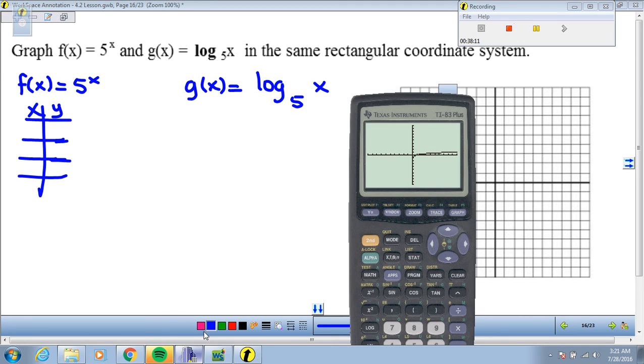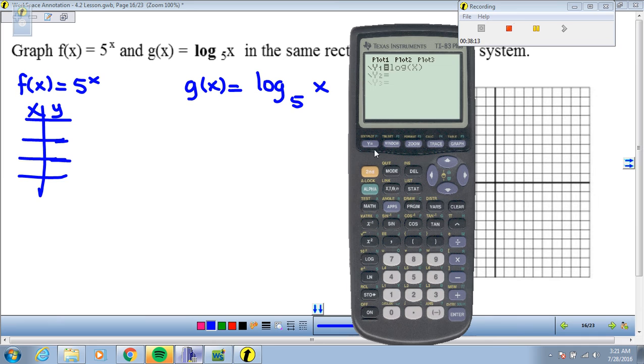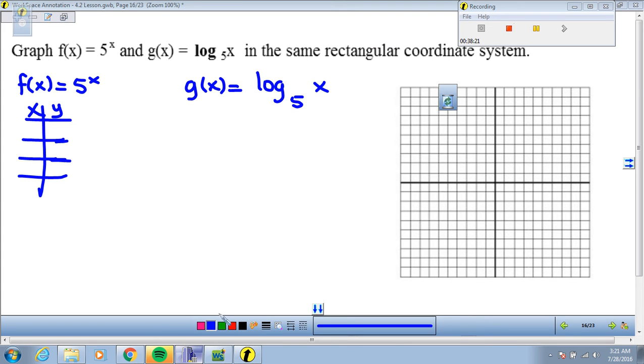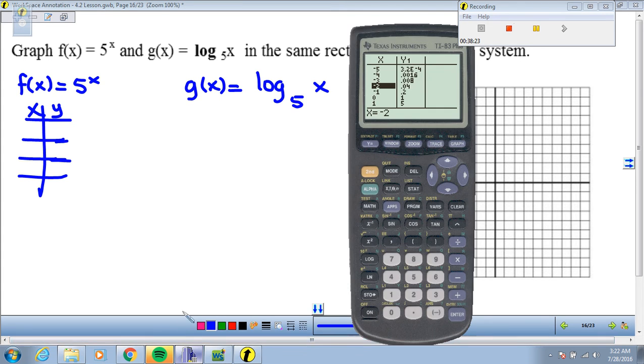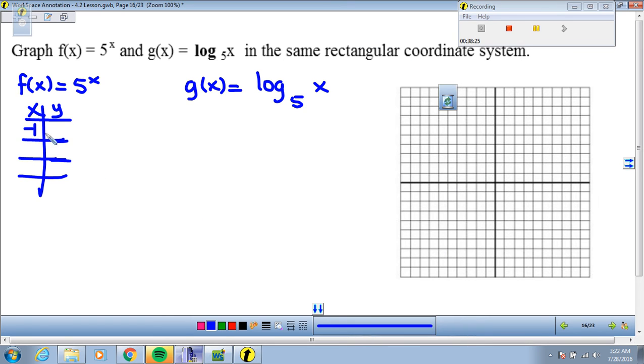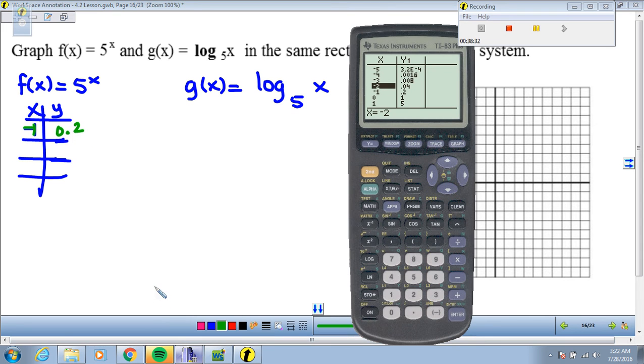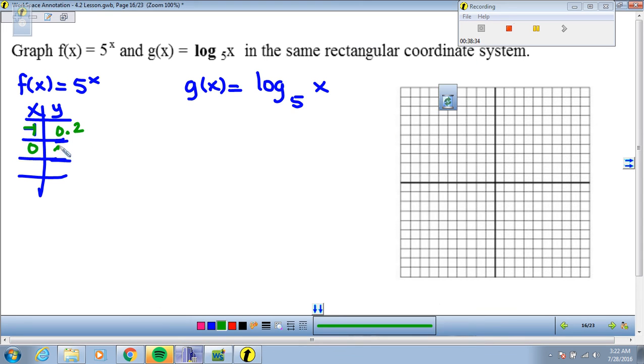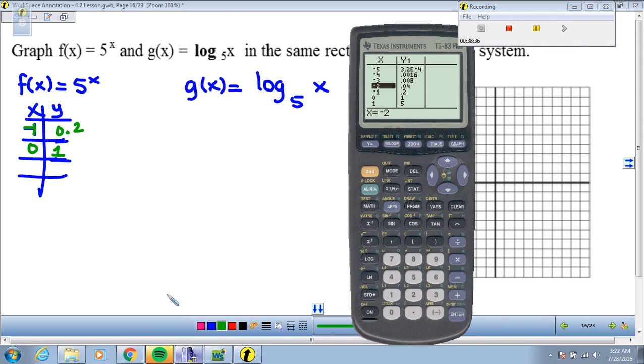So to do this faster, I'm going to get the points from the table. Let's choose a couple of them. Let's say -1, 0.2, 0.1, and 1.5.